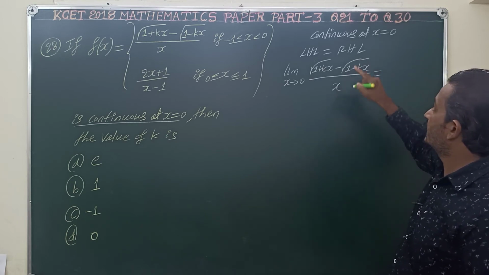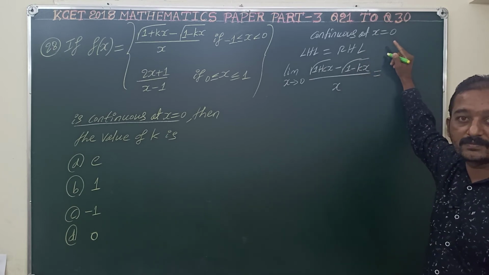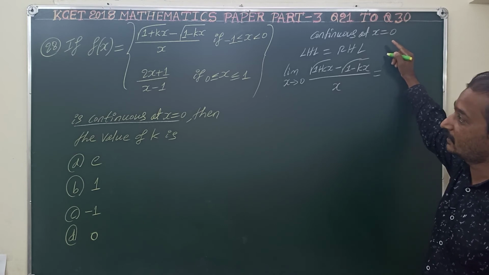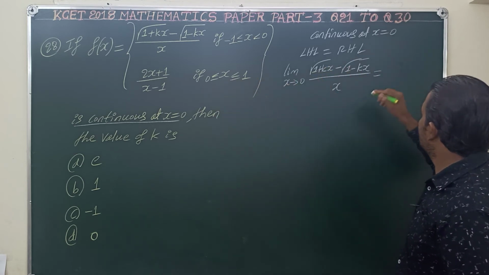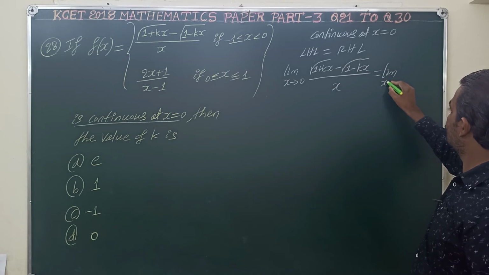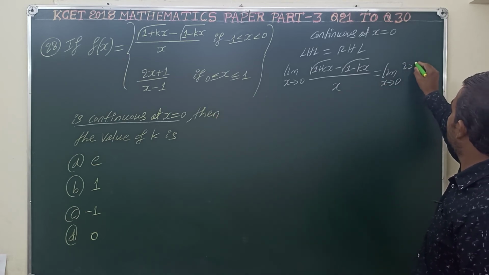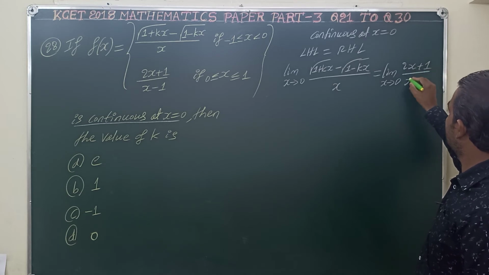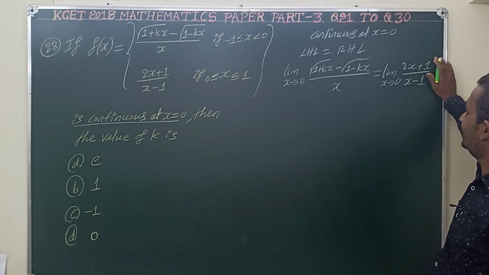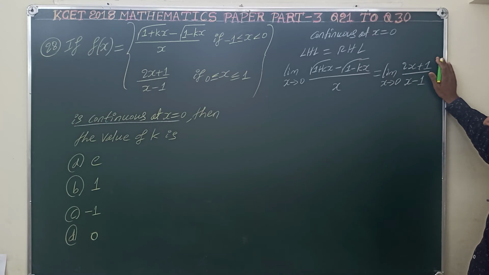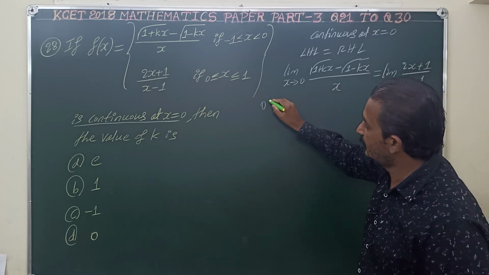Right hand limit means the x values approach 0 from the right hand side, nothing but x is greater than 0. So limit x tends to 0 using the function 2x plus 1 divided by x minus 1. Now simplify this. On the right hand side we can easily identify the limit, but the left hand side is 0 by 0 form.